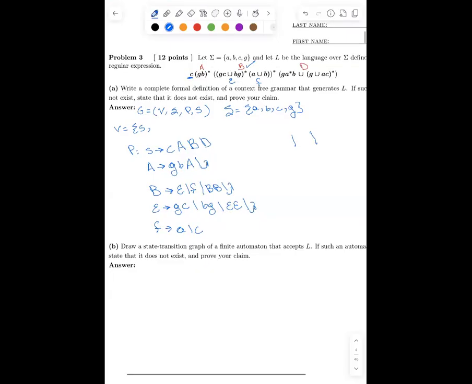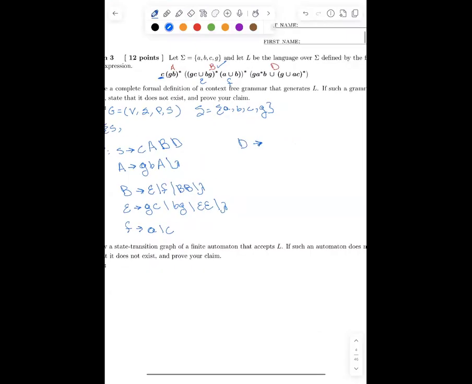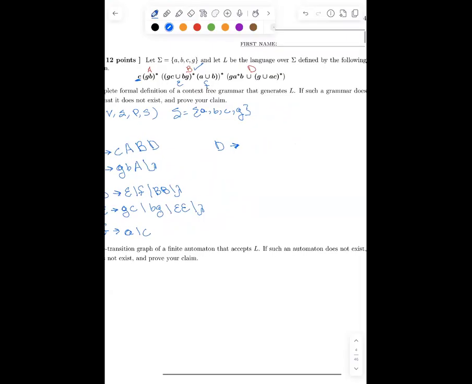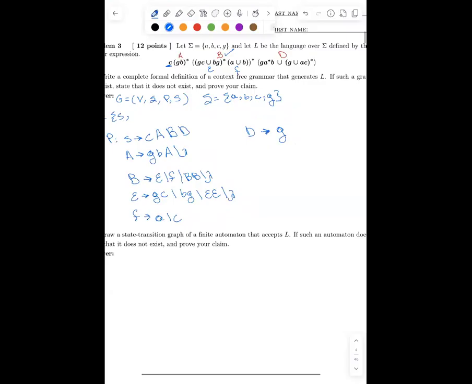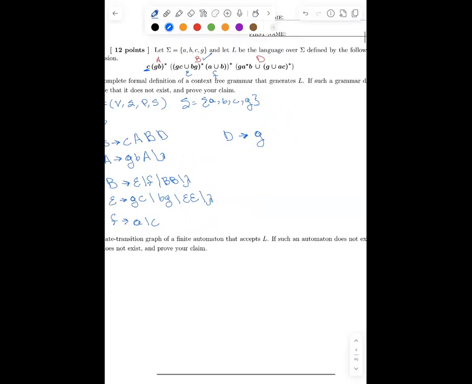And I'm left to write the D part. So my D can be either G, and I will name a new letter for the A star there.